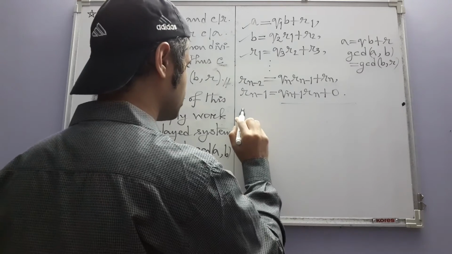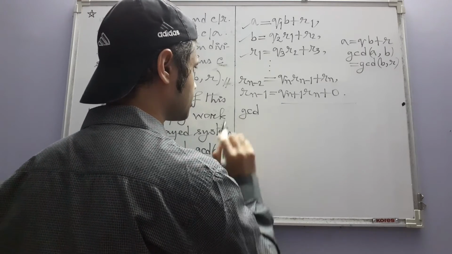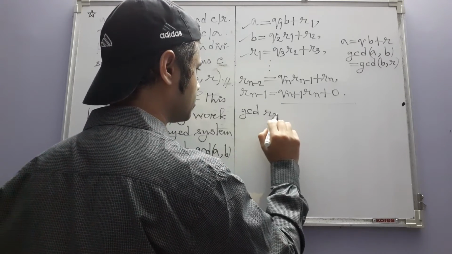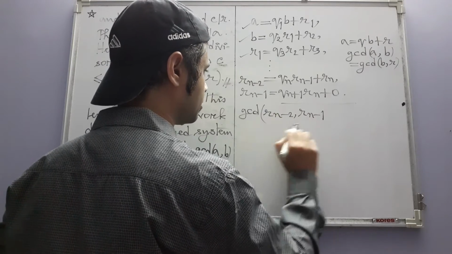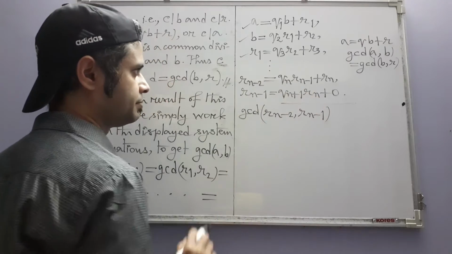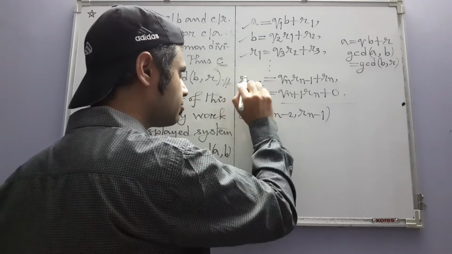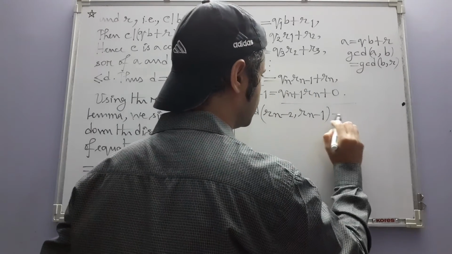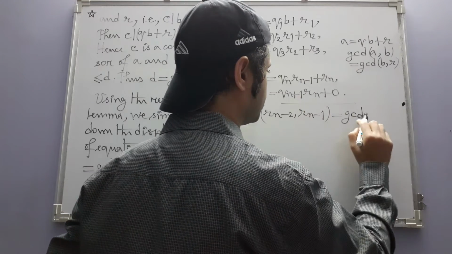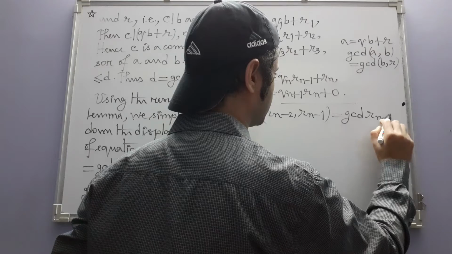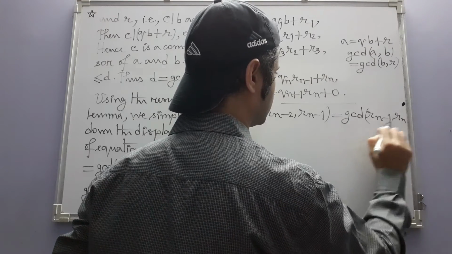So this is equal to, at some stage, GCD of Rn minus 2, Rn minus 1, and by this equation, this GCD is equal to the GCD of Rn minus 1 and Rn.